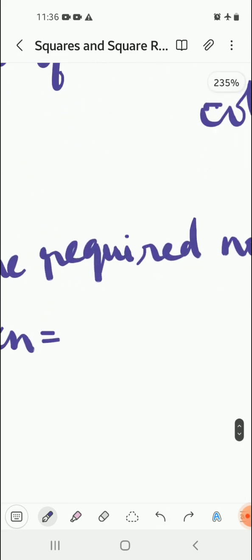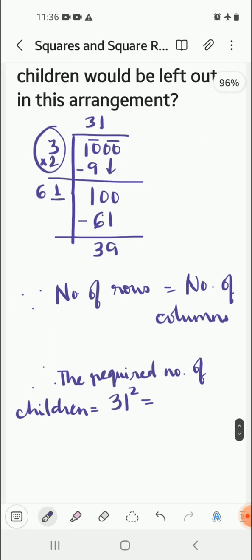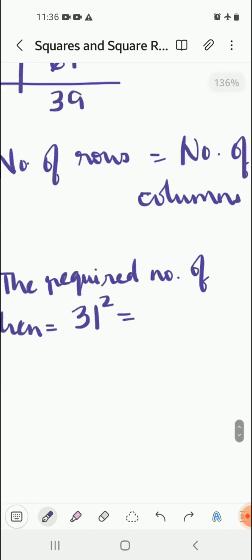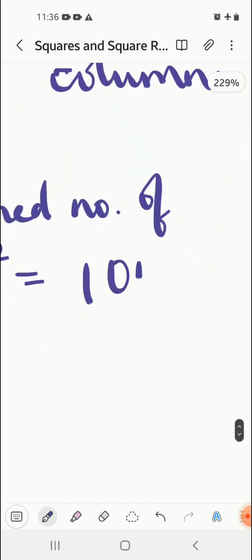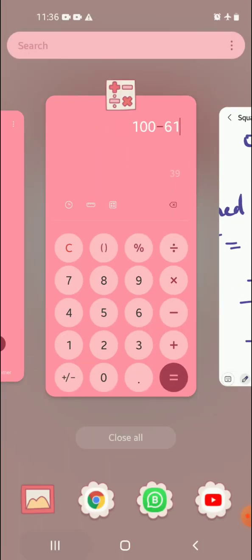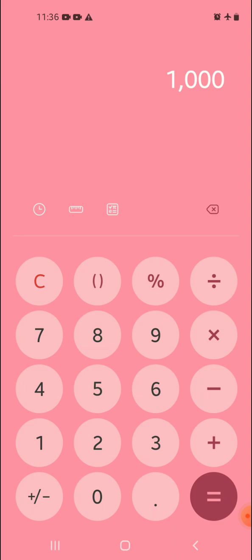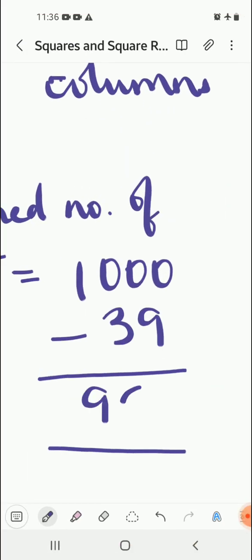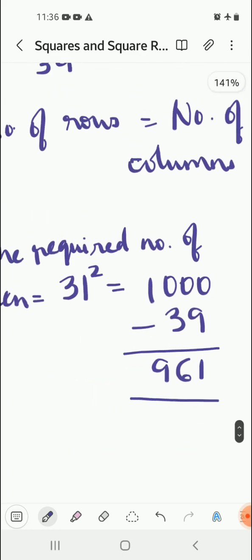Okay, so we're going to write it over here, 31 square. 31 square will be what? 1000 minus 39, that is 961. So 961 is the number.